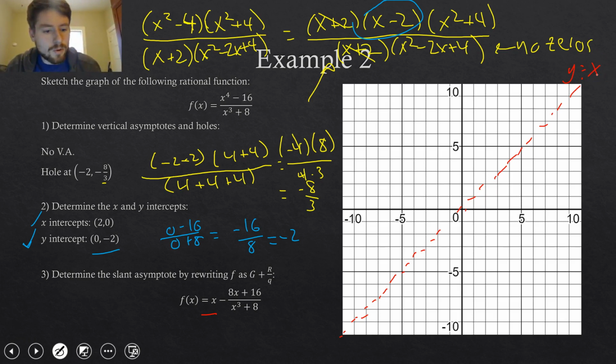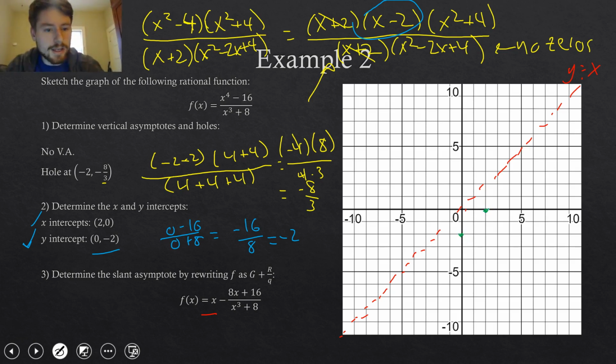And then we're going to plot those points that we found from earlier. Let's use green. I like a green graph. So our points we found was that 2, 0 was an x-intercept, so we have this point here, 2, 0. We found y-intercept was at 0, -2, so right there.